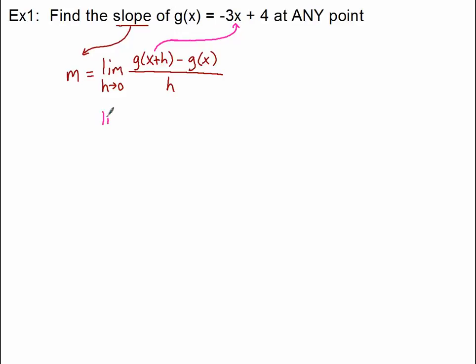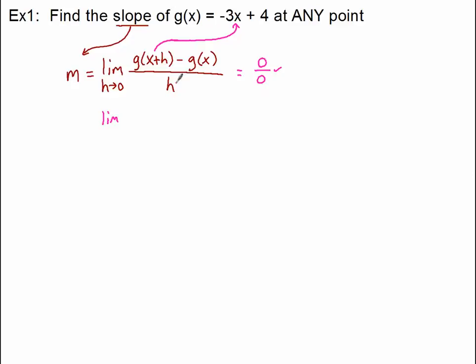First of all, I'd love to be able to plug in a 0 right now. I can't do that. If I plug in a 0, I get a 0 in the denominator. If I plug a 0 in for h here, I would have g of x minus g of x, which again would be 0 divided by 0. That's good news because there's that common factor that we're going to be able to cancel away.